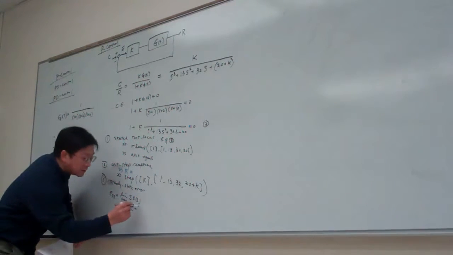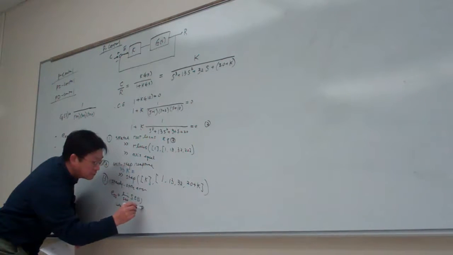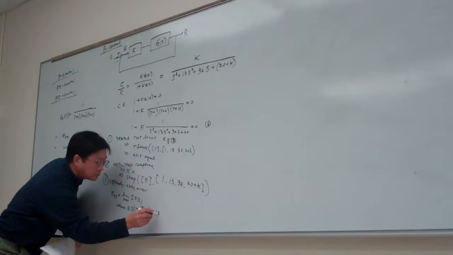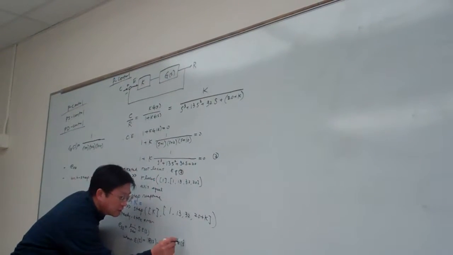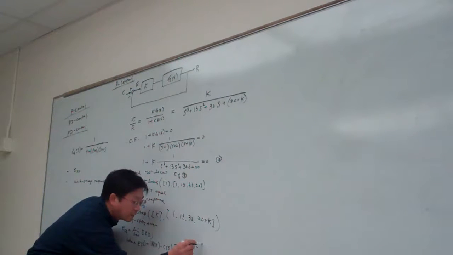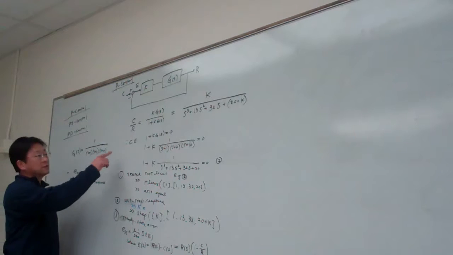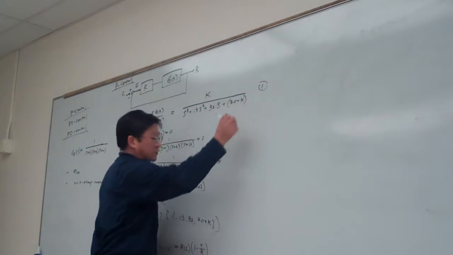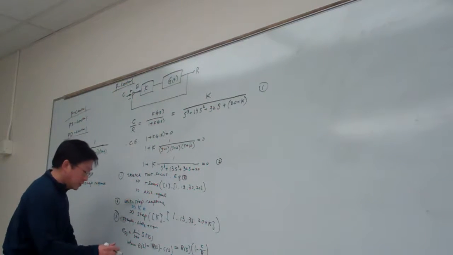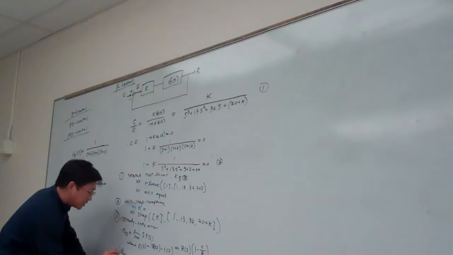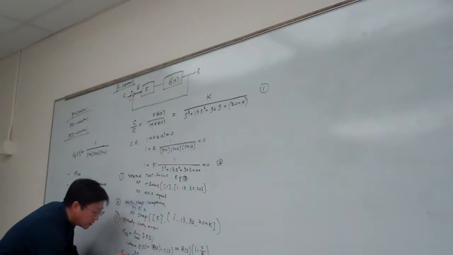E is R minus C. So simply that is R(s) times 1 minus C over R. Right now the C over R is based on equation 1, so we can plug it in here to the calculation. Therefore, let me skip the details. So ESS will be equal to 20 over 20 plus K.